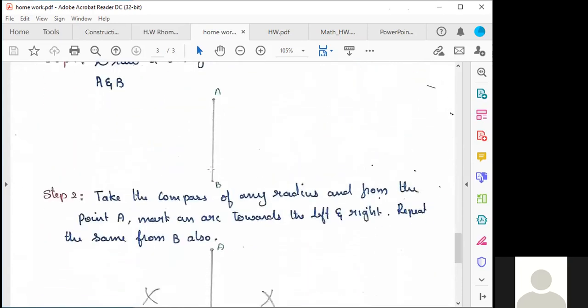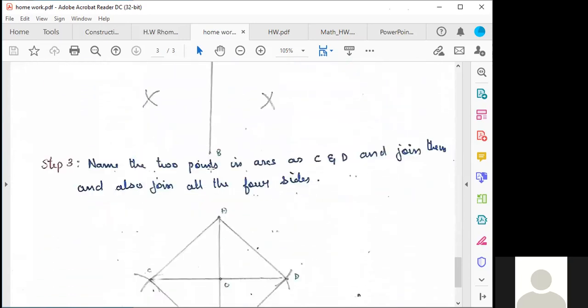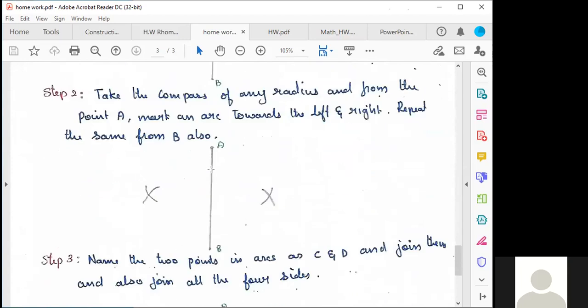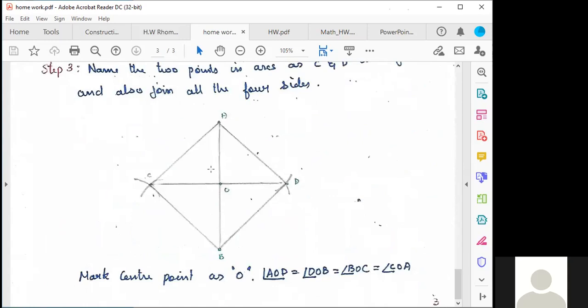It seems like AB is one diagonal, then another diagonal you get, and that's your rhombus. But that criteria should have been mentioned upfront, what is given, and that is missing.